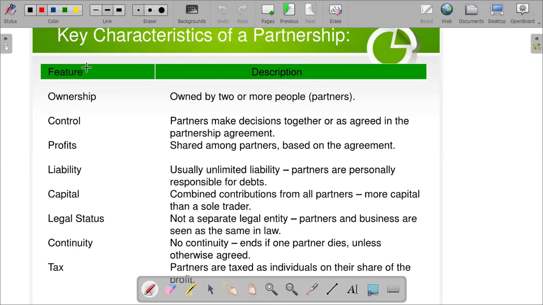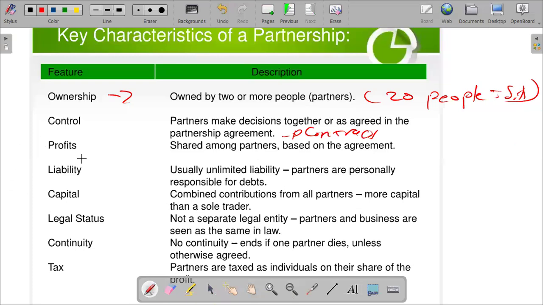As we said here, the ownership is by two or more people. In South Africa, it might be up to 20 partners who own the business. The control: remember that partnership agreement, the contract, right? Partners make decisions together as agreed in the partnership agreement.